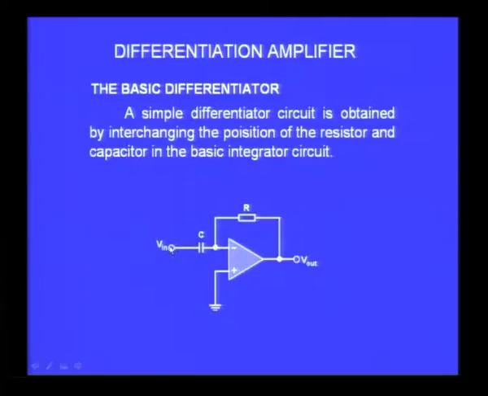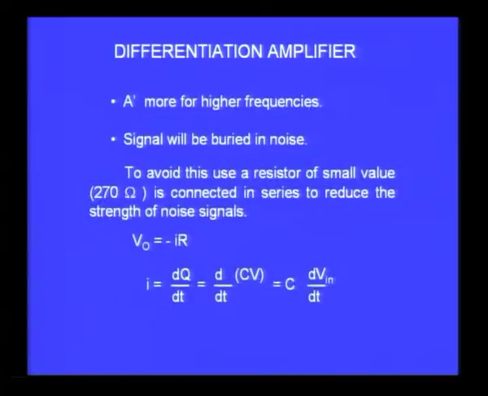Therefore almost all the current flowing due to the AC signal applied through the capacitor will only travel through R, the feedback resistor, and V output is nothing but I into R, where I is the current flowing through R. This voltage is going to be negative because the current is flowing towards the output from the ground, and that is why I say the output voltage is equal to minus I into R, where I is the current flowing through the resistor.